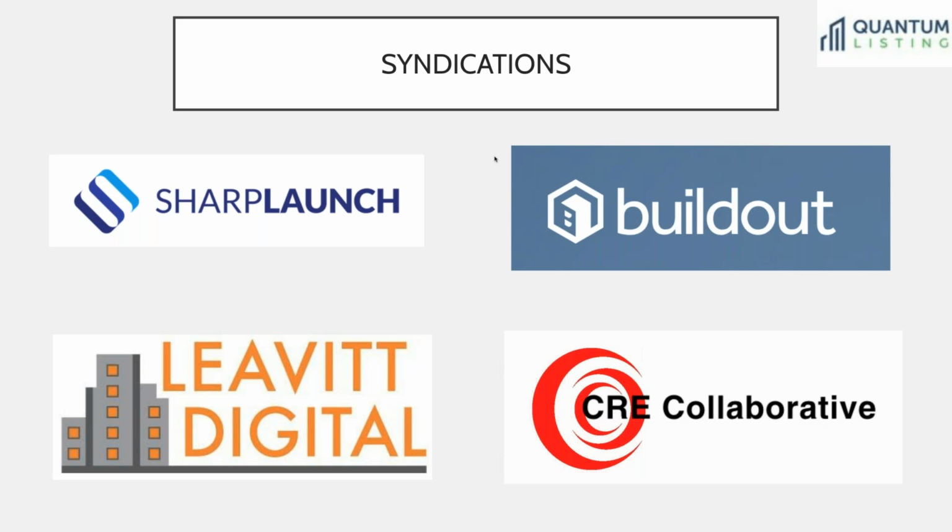It takes a couple of minutes. You have to create an account over at Levitt Digital and then choose to syndicate. You can choose, I believe, to syndicate all or individual listings with them. Once you set it, you forget it, and hopefully it gets your listings some more views.